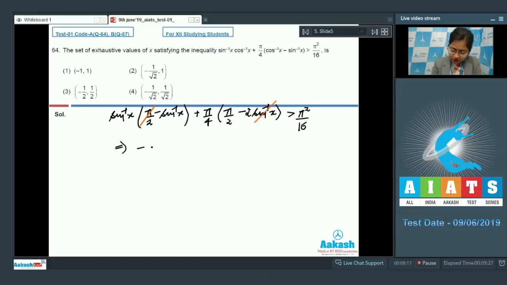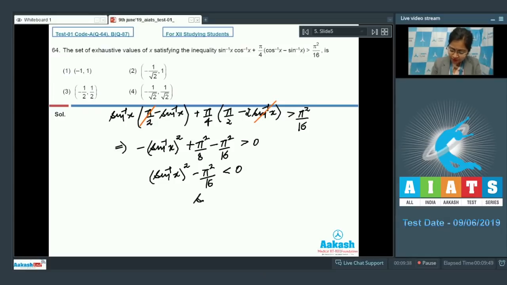So we are left with minus of sine inverse x whole square plus pi square upon 8 minus pi square upon 16 is greater than 0, which means that sine inverse x whole square minus pi square by 16 is less than 0, which means that sine inverse x will go from minus pi by 4 to pi by 4.